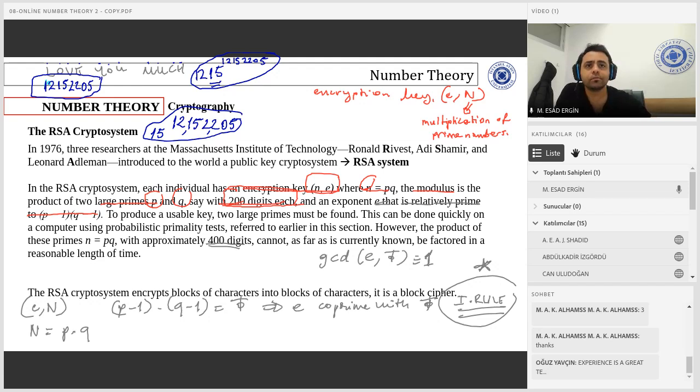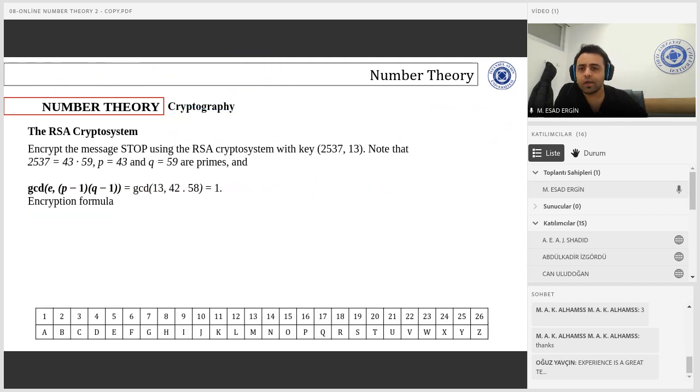So let us continue. For example, encrypt the message STOP using the RSA crypto system with the given key. The first thing we have to do is look at the key, since we are going to use encryption.